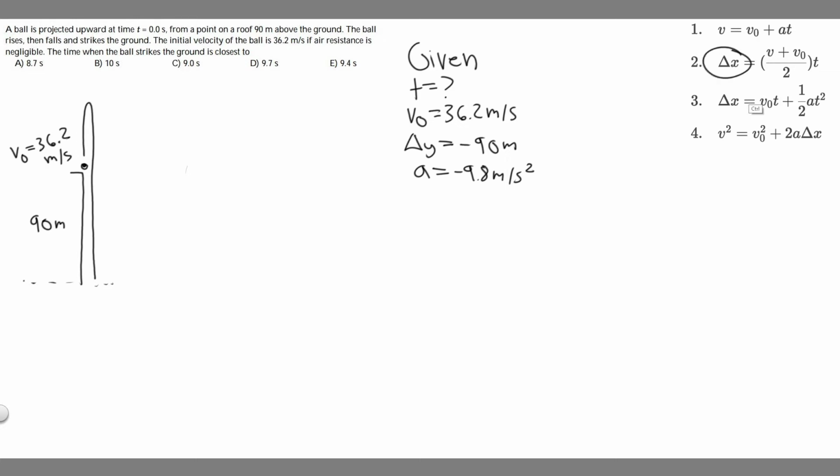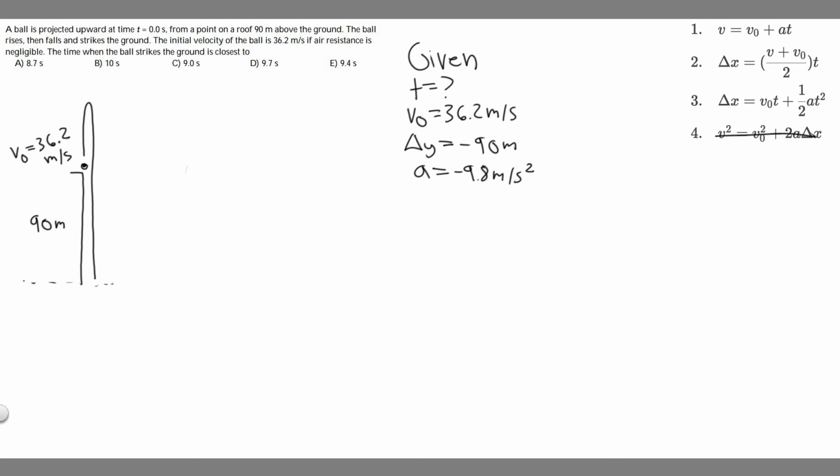What we're trying to do is solve for t. Looking at the variables we're given, the equation we want to use is this one right here: delta y equals v sub 0 times t plus 1/2 a t squared. Notice we're given v sub 0, delta y, and a, and we're solving for t.